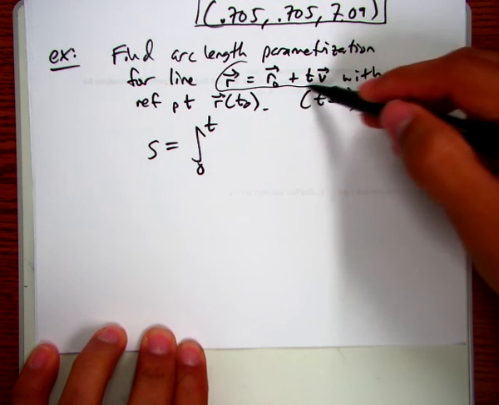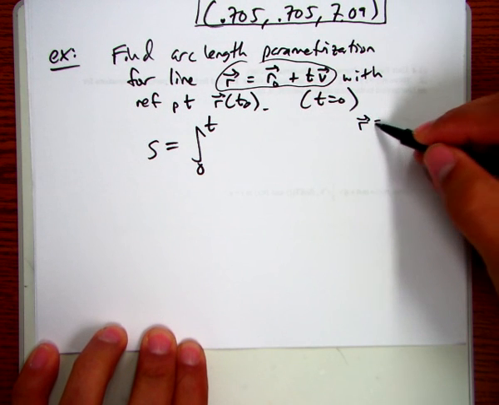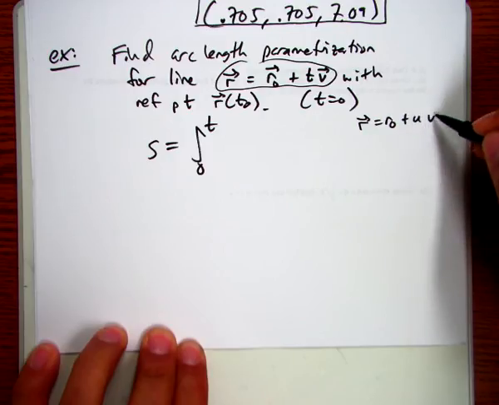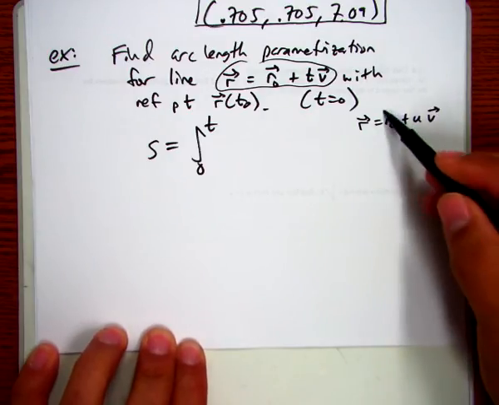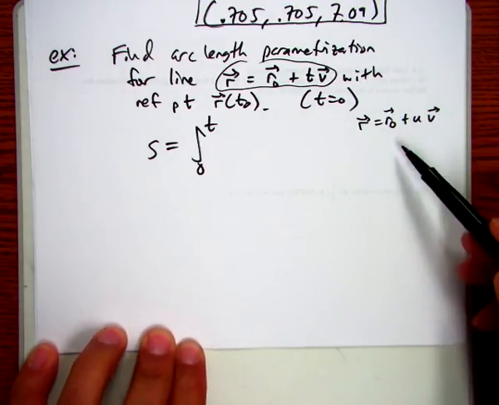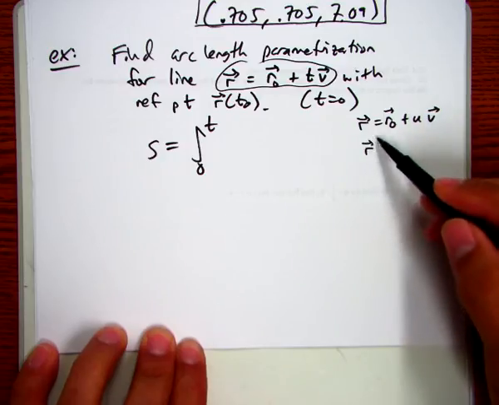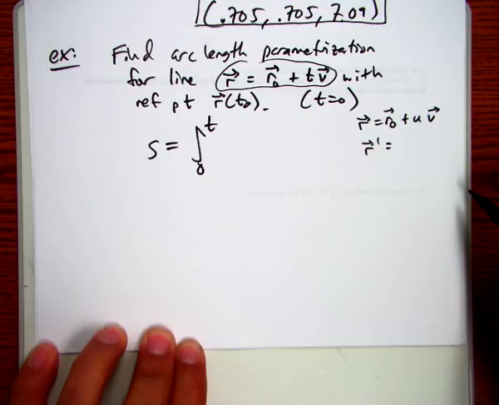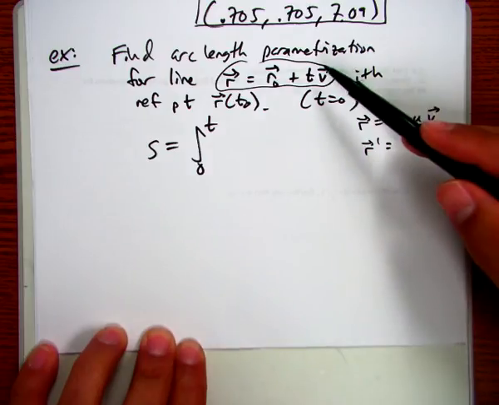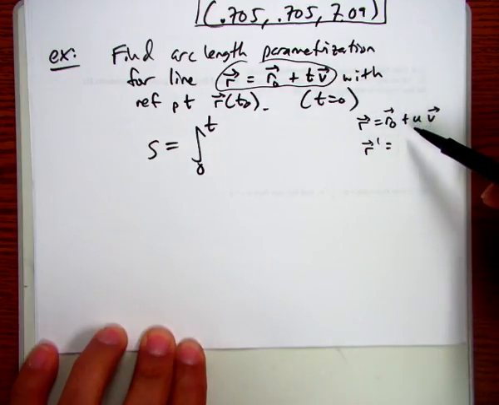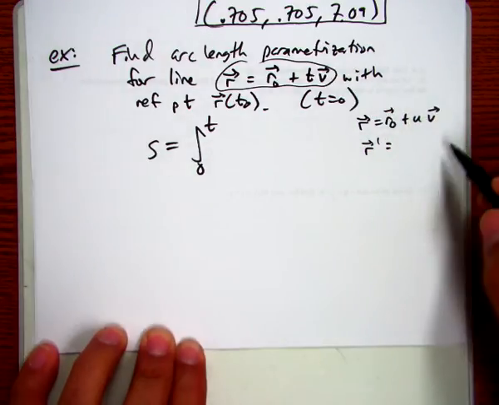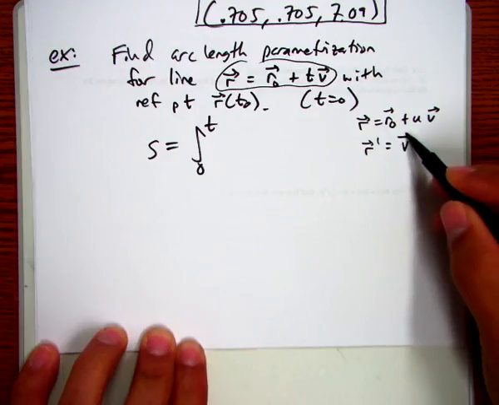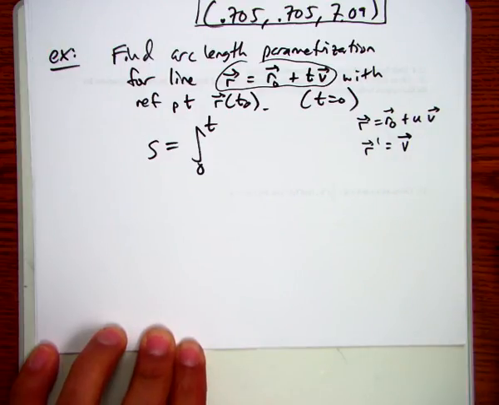Okay, keep in mind, just think of this as r equals r naught plus uv, right? What is r prime going to be? Instead of with respect to t, now we are differentiating with respect to u. So we get v. Okay?